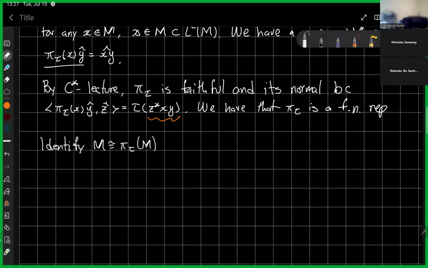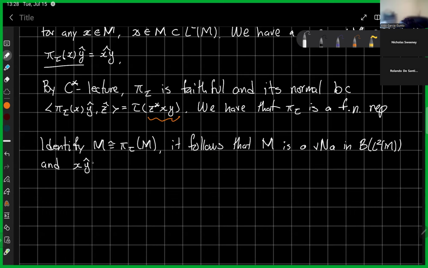Identifying this, it follows that M is a von Neumann algebra, in the bounded operators. And this is the way that we're going to write the operator now.